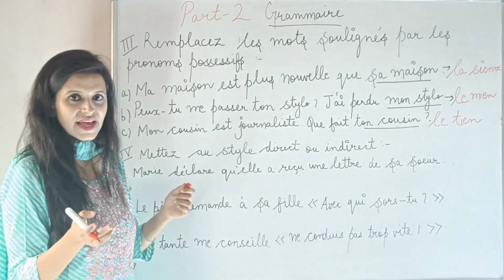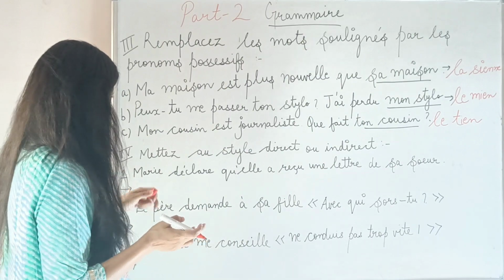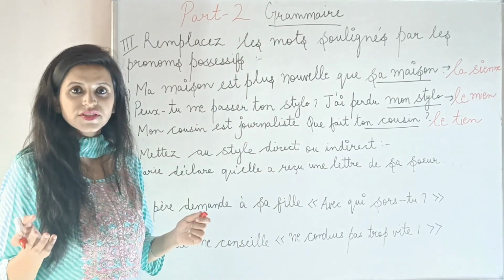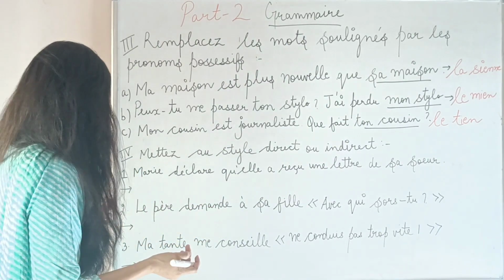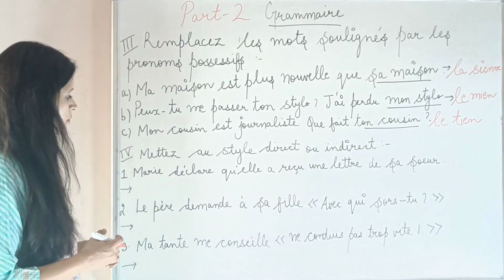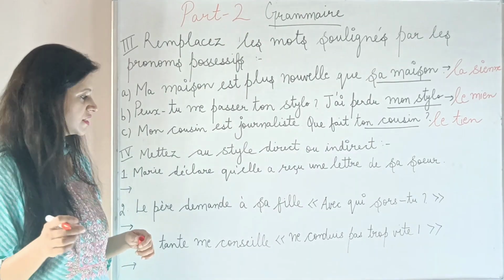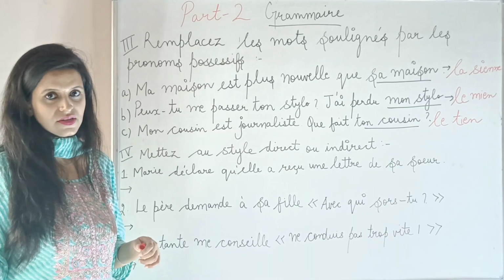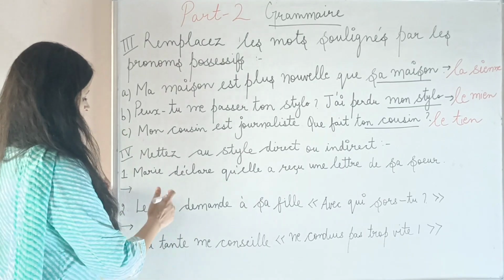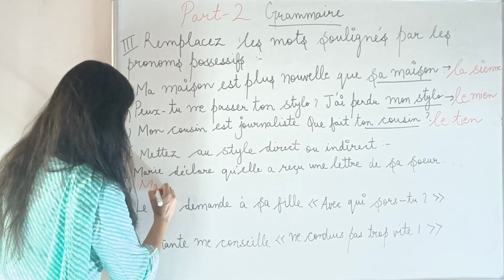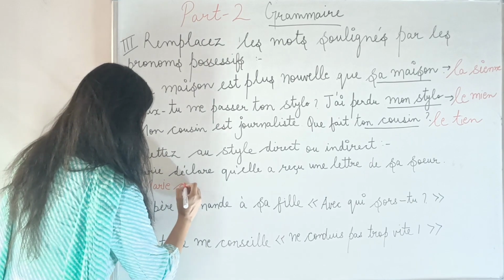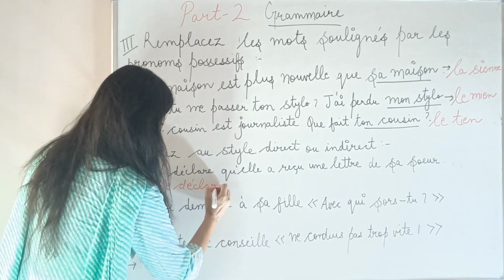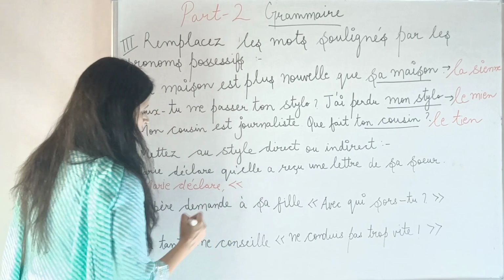So I hope you understand this question. Let's move to the next question. Discours direct ou indirect, direct or indirect speech. First part, Marie déclare qu'elle a reçu une lettre de sa sœur. So she's declaring. If she declares, how will you write it down? Marie déclare, you put a comma, you open the brackets.